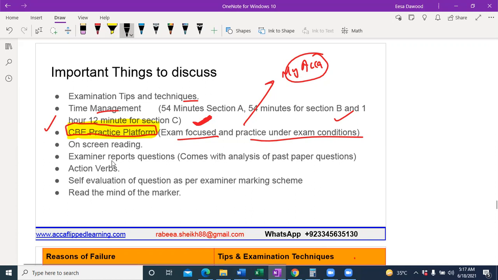So practice on-screen reading. It's better to get the PDF copies. I have PDF copies of books and kits in my classroom. On-screen reading is really important. In the CB practice platform, the question comes up on one side of your screen, and on the other side there is a spreadsheet or word processing sheet as per the numerical and discursive requirements.